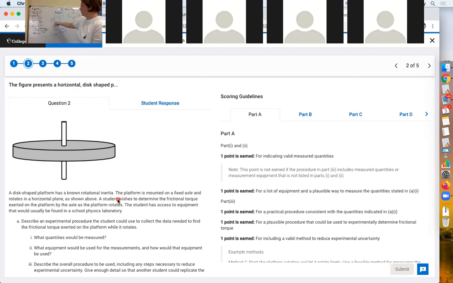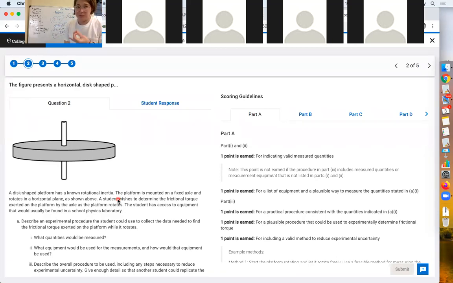If you found your acceleration and you knew how much torque you applied, you could say, well, I know acceleration, I know inertia, and my net torque is whatever torque I applied minus the torque from friction. So if you get your acceleration and your torque, then you can figure out how much torque is being pulled against it.